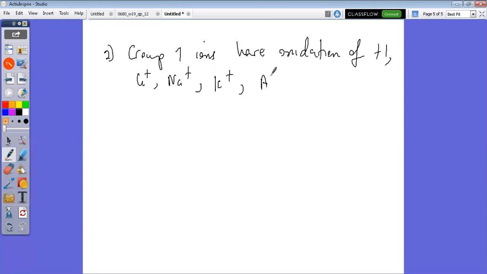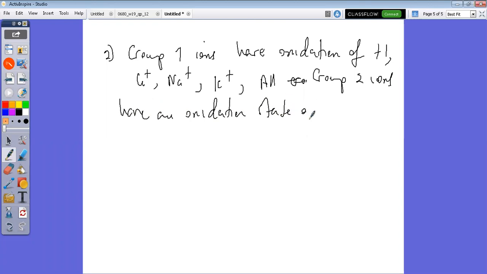All group 2 ions have an oxidation state of +2. So the common examples: Mg 2+, calcium 2+, barium 2+.